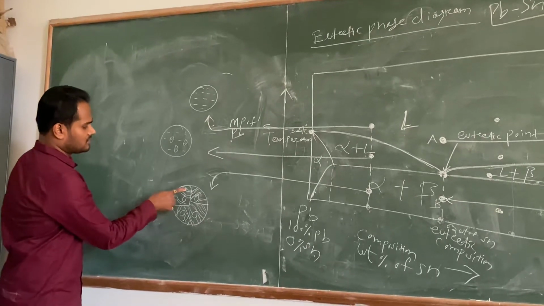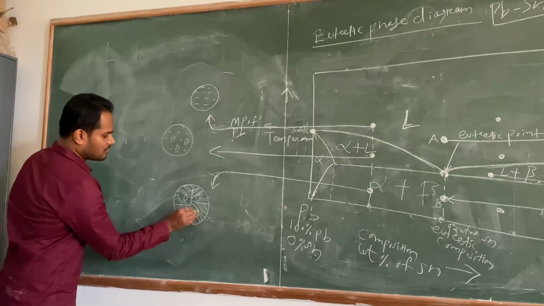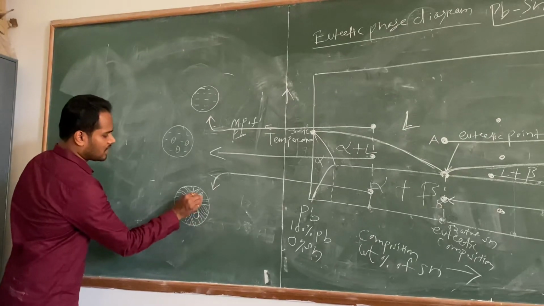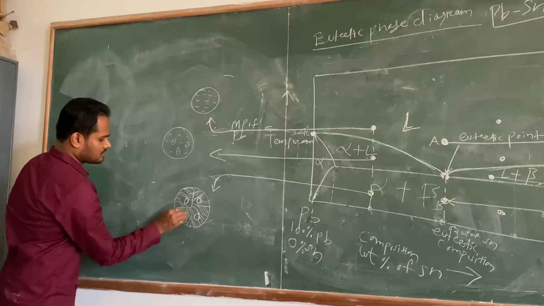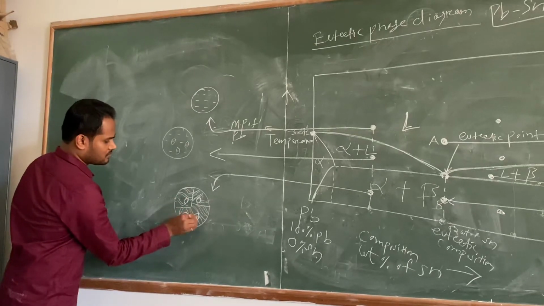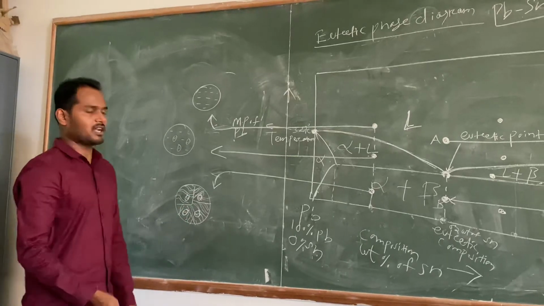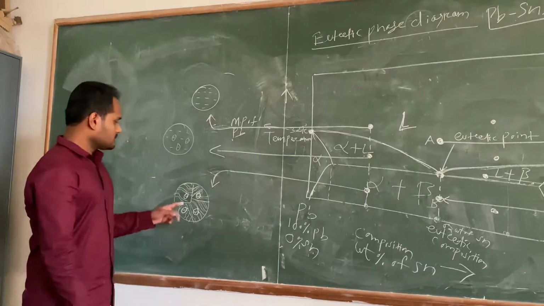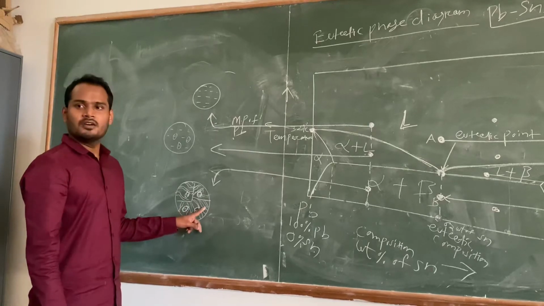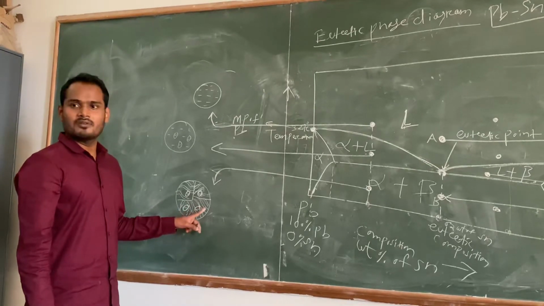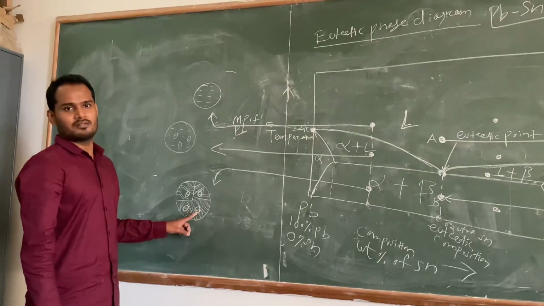This is alpha, this is beta. And these are your layers of alpha. This one is the pro-eutectic alpha, you can say. So one alpha is present in the laminar form, but the other alpha is present in this spherical form kind of thing.